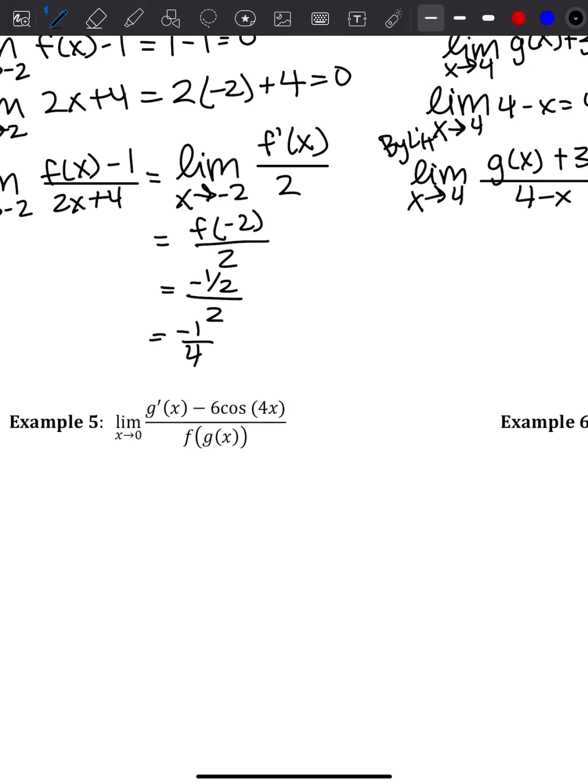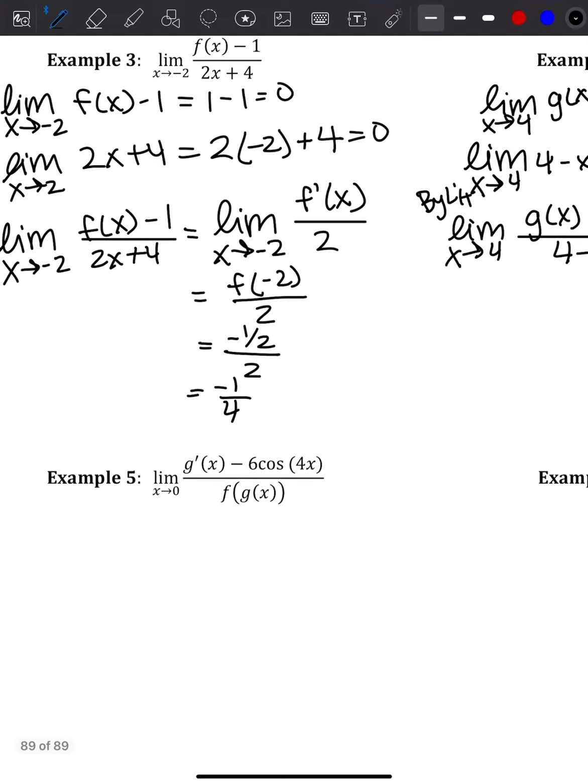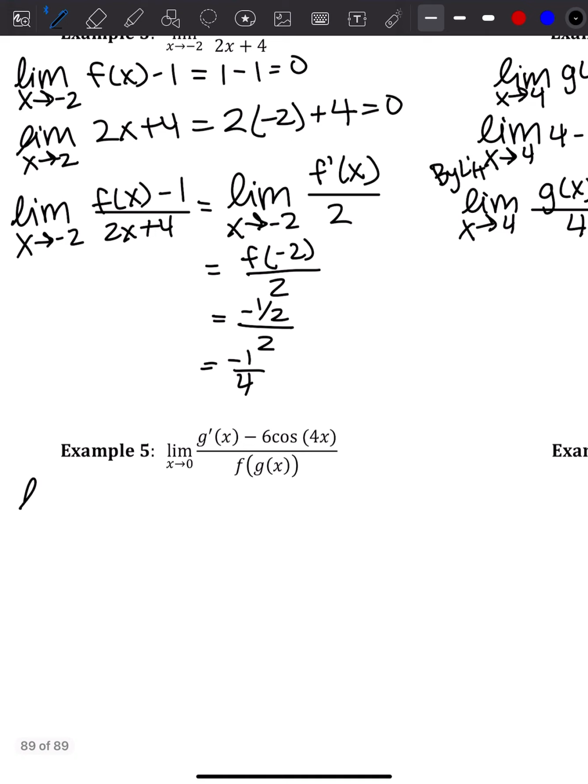Okay, the limit as x approaches 0 of g prime of x minus 6 cosine of 4x divided by f of g of x. So we have the limit as x approaches 0 of g prime of x minus 6 cosine of 4x.